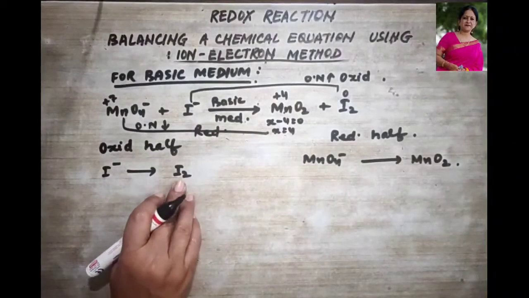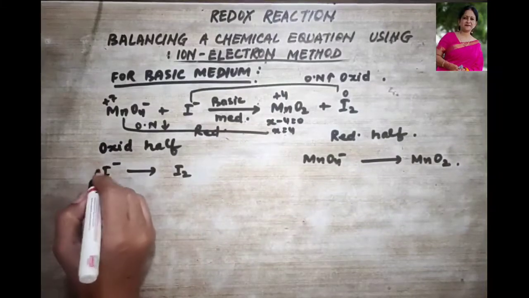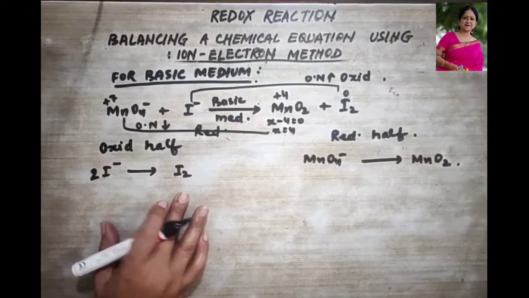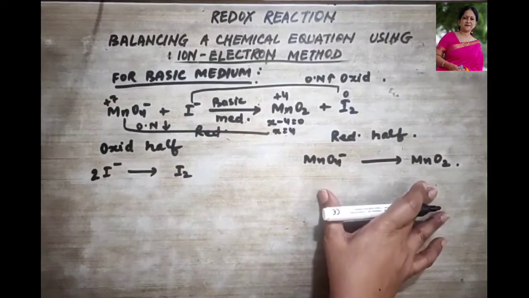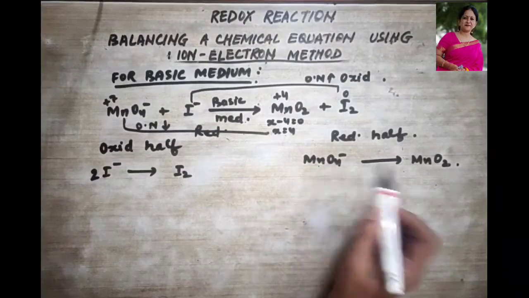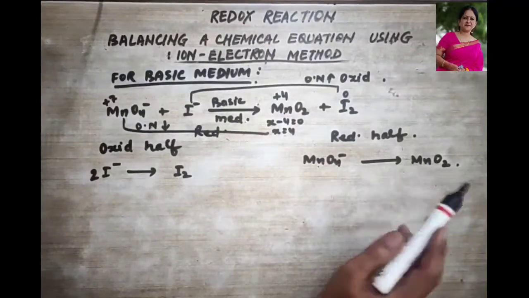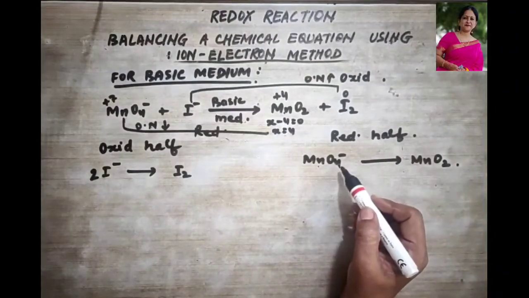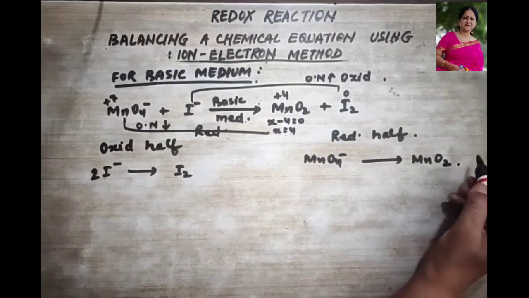Now let us balance the equations. Now if this is 2I, then this has to be 2I, balanced. Now let's go over here to the reduction half and balance. If we look at manganese, both side 1, fine. Now let us look at oxygen. Here it is 2, here it is 4. So what to make this 4?